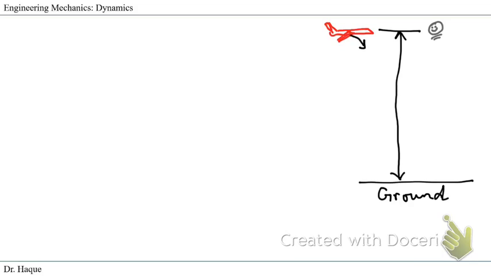He jumps off the plane, and we just take a random position in mid air, say about half of the height. So if we say the total distance is h, this height in mid air is h by 2.